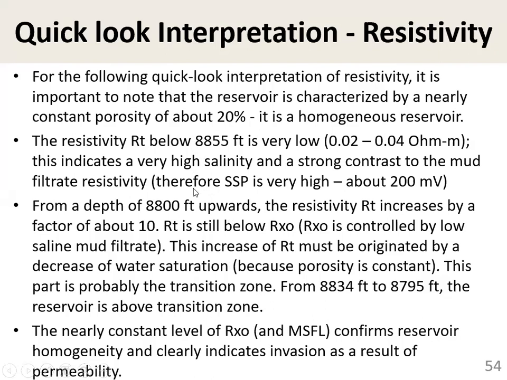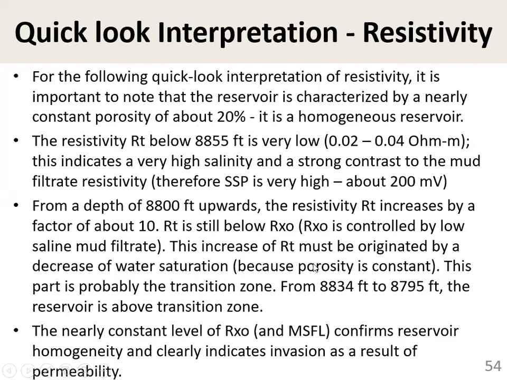So we could check this up. This gives some more indication of details. Here, the flush zone resistivity is brought into the picture. From a depth of 8,800 upwards, the resistivity RT increases by a factor of 10. The true formation resistivity is still below the flush zone resistivity.